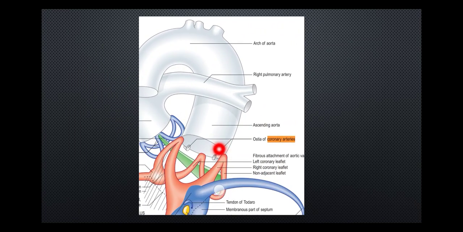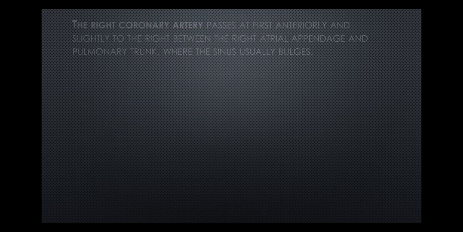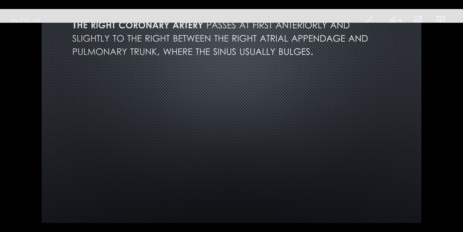These are the openings of the right and left coronary arteries, the ostia of these arteries at the start of the aorta. Now, the right coronary artery passes at first anteriorly and slightly to the right, between the right atrial appendage and the pulmonary trunk, where the sinus usually bulges.